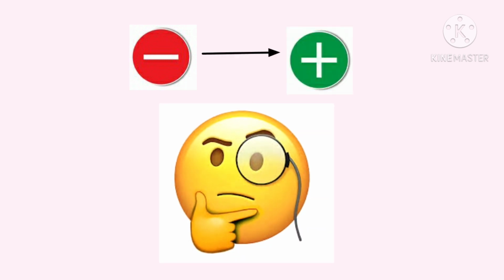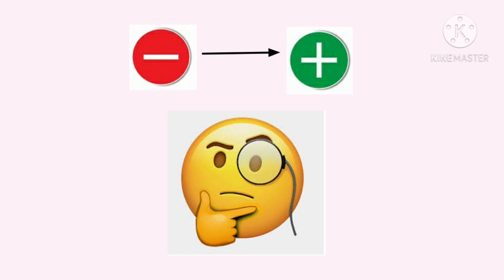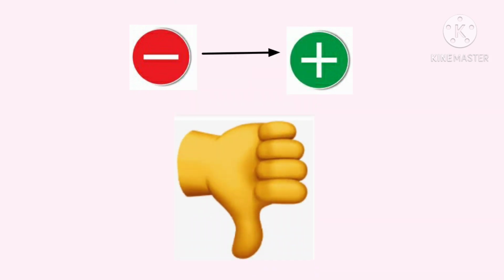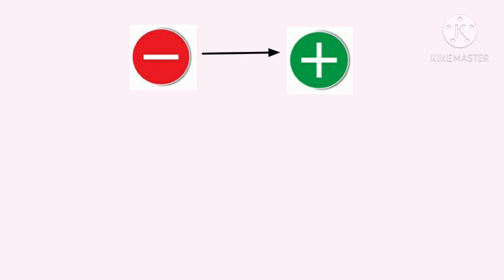But what if we had a negative number and we wanted to change it to positive? Could we do so by simply multiplying it by a positive 1? No, we could not. Because if you recall what we established previously, when a number is multiplied by a positive 1, the value of that number does not change.